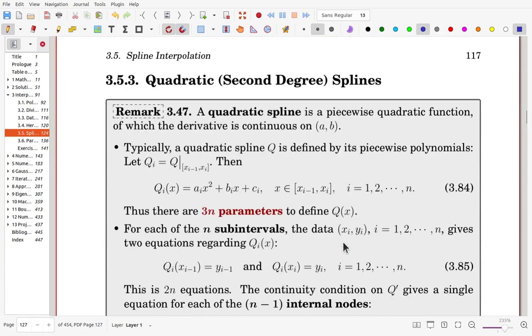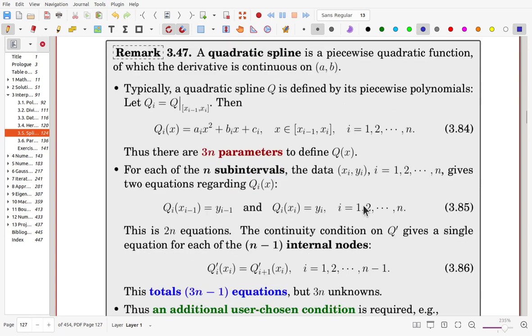Okay, now we consider quadratic splines. That is the second order. Now we deal with K S2. Before going to how to construct quadratic splines, we first consider this remark.